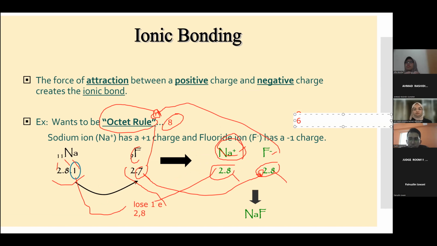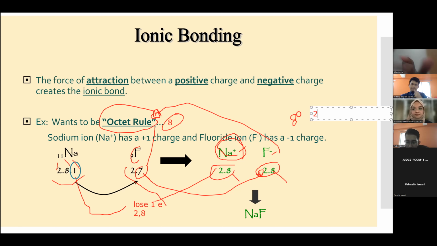Okay, the atomic number of oxygen is 8. So the electron configuration is 2 and 6.